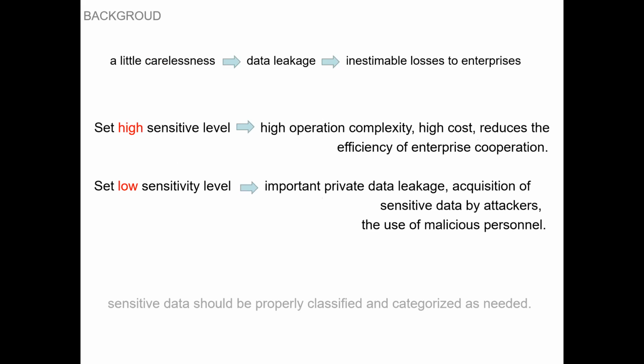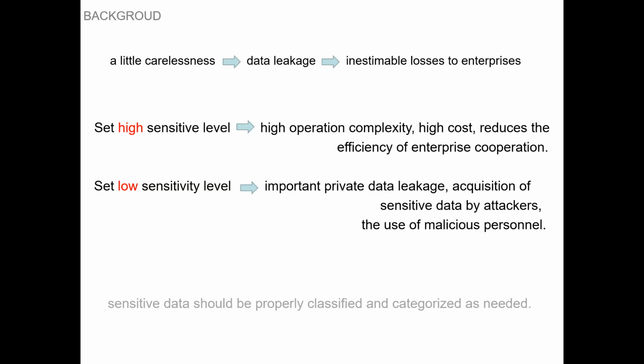If all data are set to a high sensitivity level without data classification, it will lead to high operation complexity and high cost in the protection of data information security, and it greatly reduces the efficiency of enterprise cooperation.